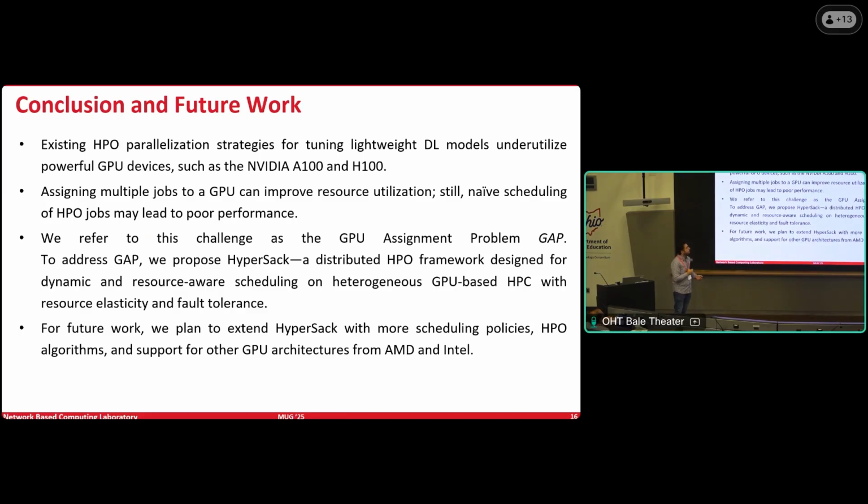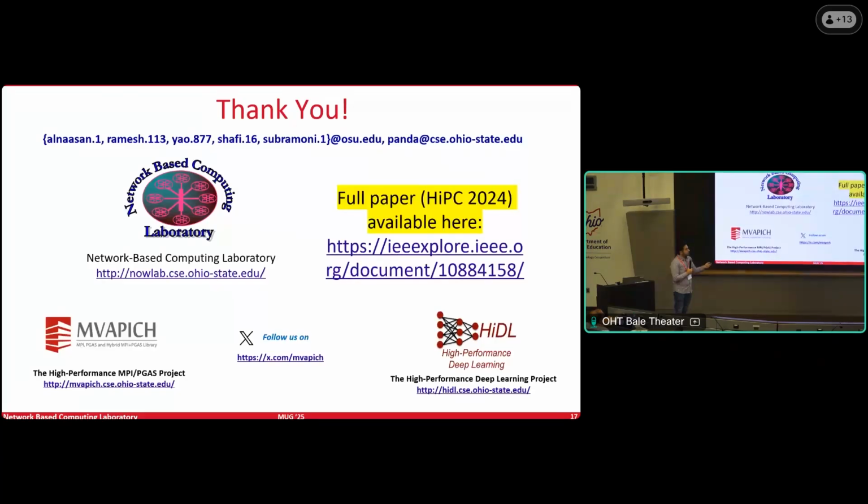So the conclusion is the existing HPO strategies do not really utilize the newer GPU hardware architectures. Assigning multiple jobs per GPU can help improve that. If we do that naively, however, it's not going to give us good performance. In fact, it might hurt the performance.